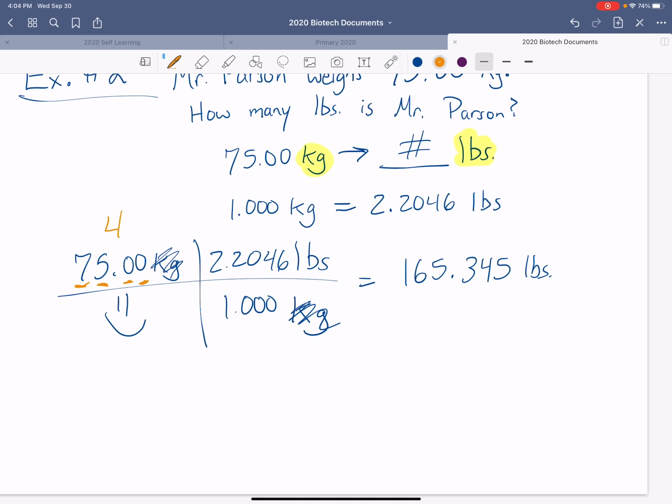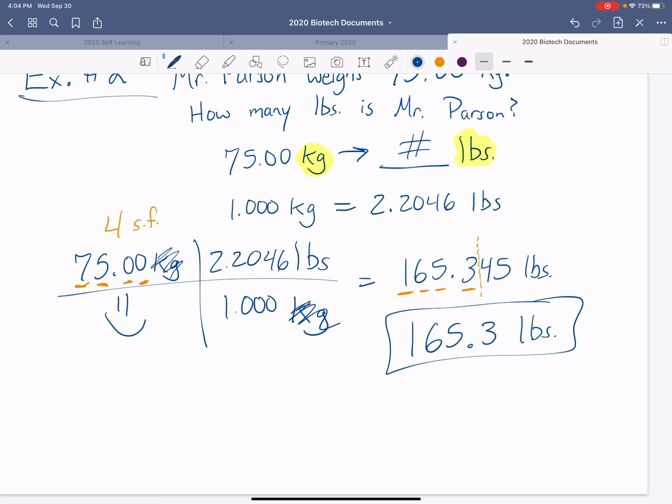So my original value is 4 sig figs. That means my ending result needs 4 significant figures. Saw off my number there, and the final value I can report is 165.3 pounds. And I believe if we look up here, that answers our question: how many pounds is Mr. Parson? There's our answer.